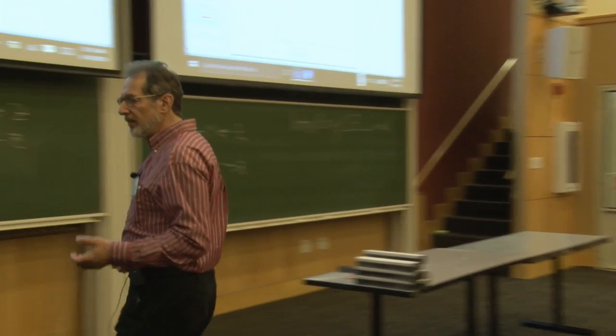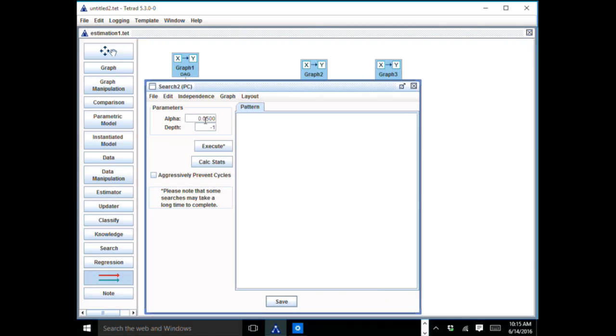But what you can see is if I do the search at the p-value of 0.05, I'll get the same result I just got. But if I change that to something like 0.5 and then execute it again, well, that won't change it. But then if I put it to 0.9, I get different results. So you can change the output you get depending on what judgments the program is going to make about independence.